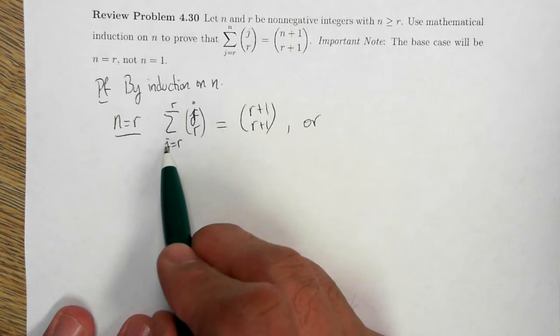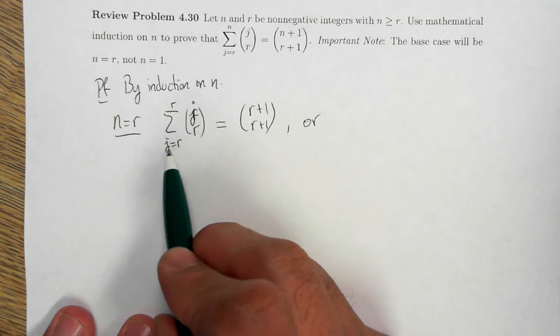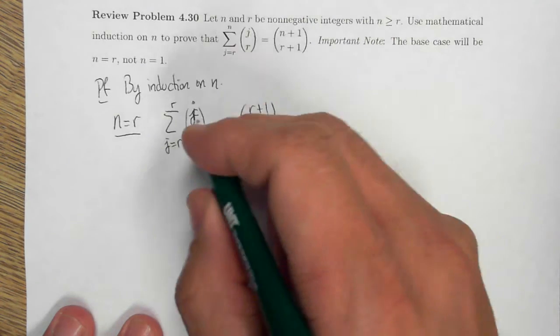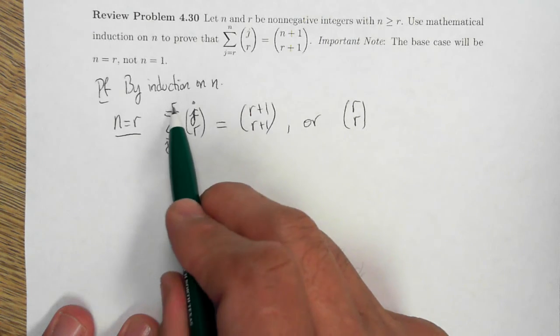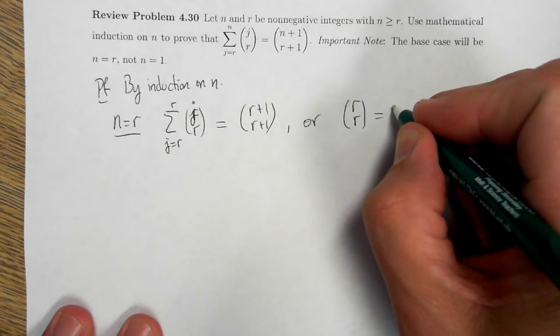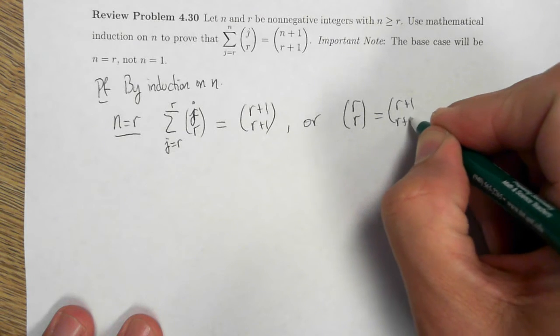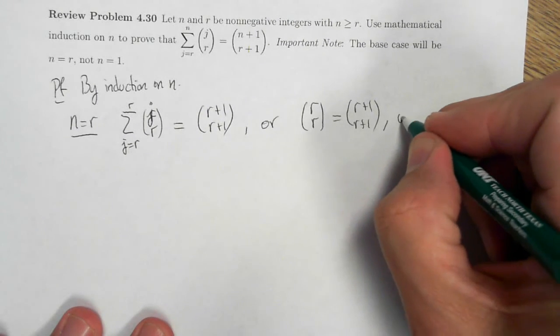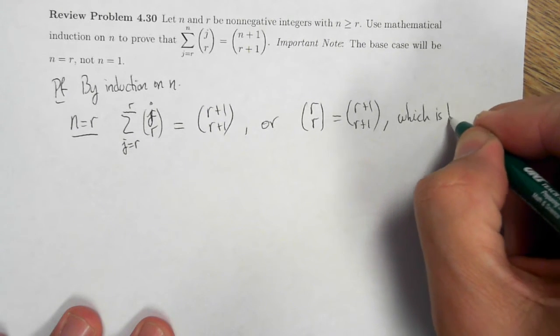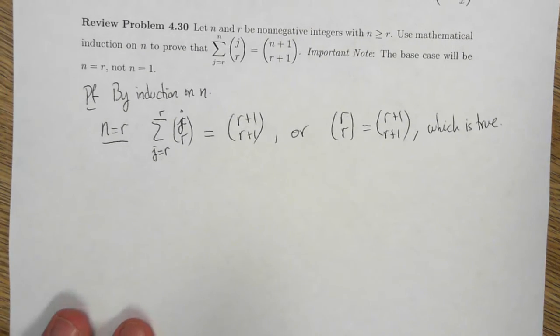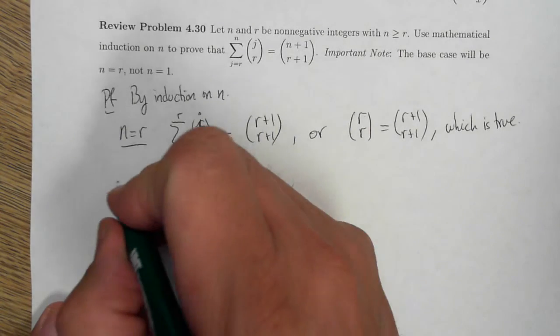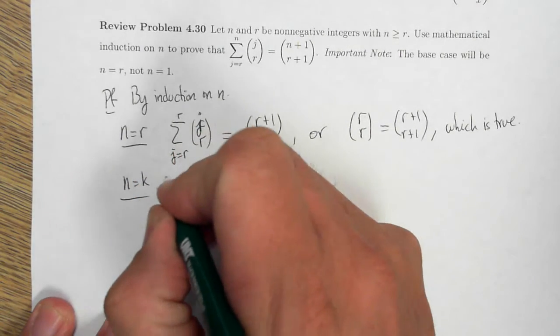On the left-hand side, this is a sum with only one term in it, j equals r, so if I plug in j equals r, that's my first and my last term. The right-hand side is r plus 1 choose r plus 1, which is true, because both of those are equal to 1. If the top number is equal to the bottom number, then the binomial coefficient is equal to 1. So that's true.